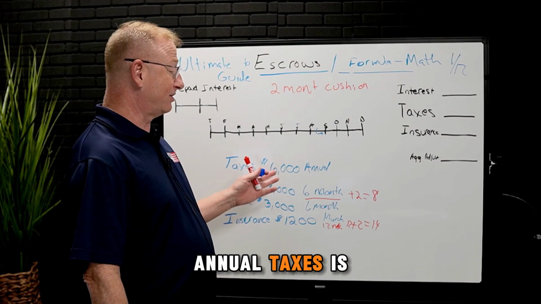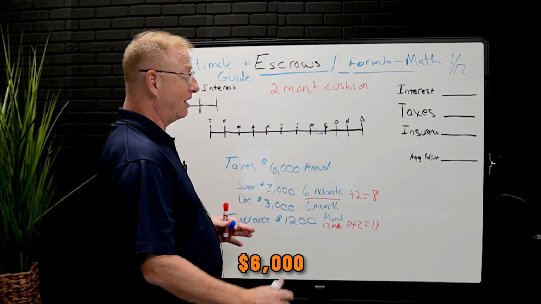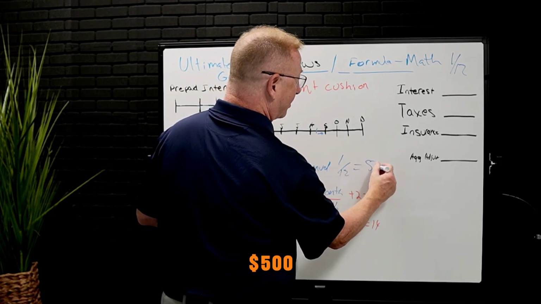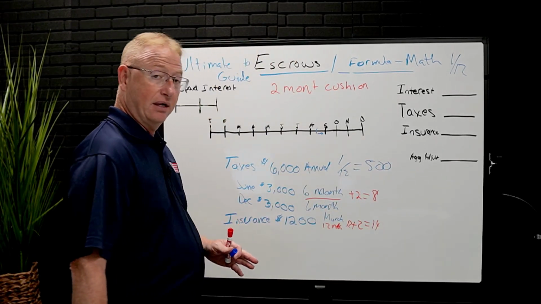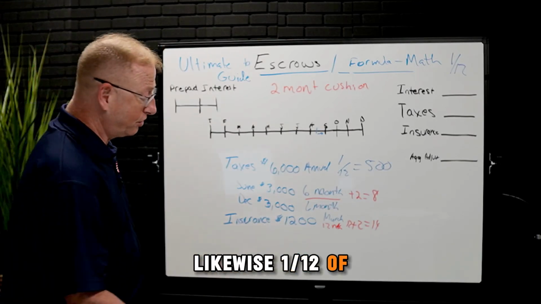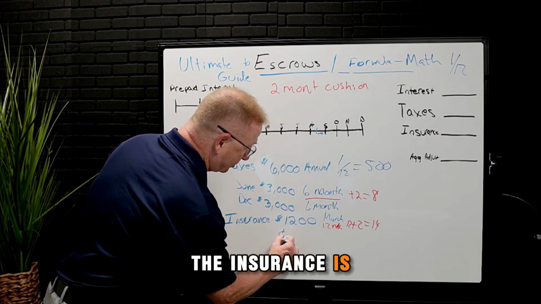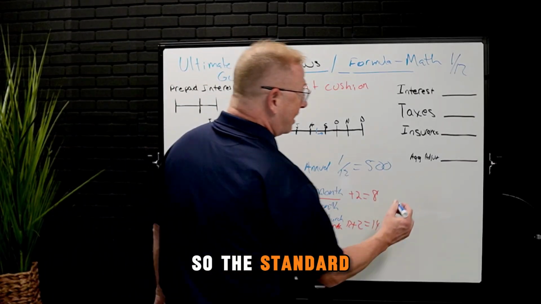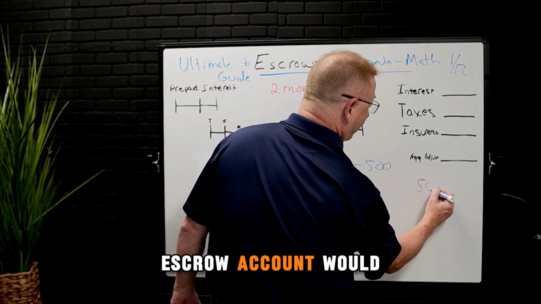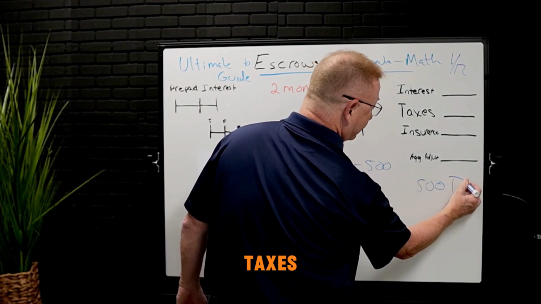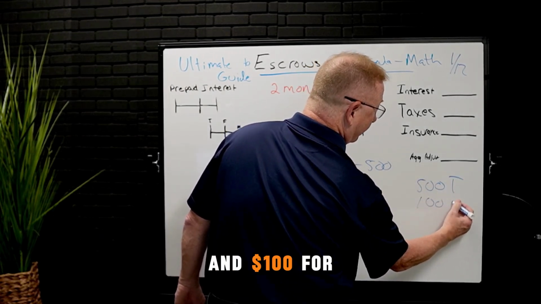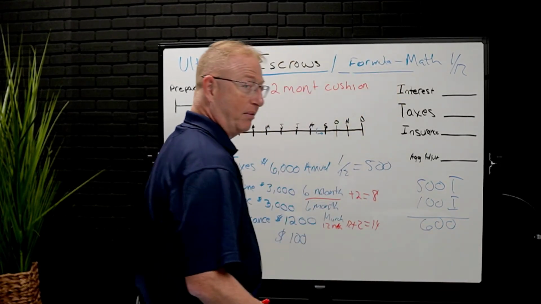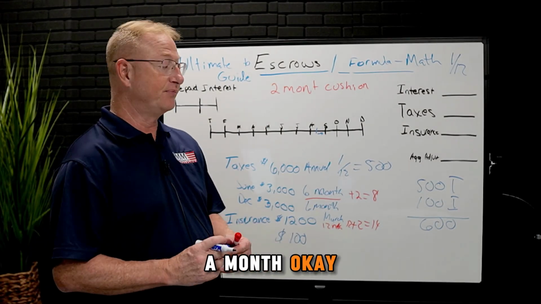If the annual taxes are $6,000, 1/12 of that equals $500. Likewise, 1/12 of the insurance is $100. So the standard escrow account would be $500 for taxes and $100 for insurance. That's $600 a month.